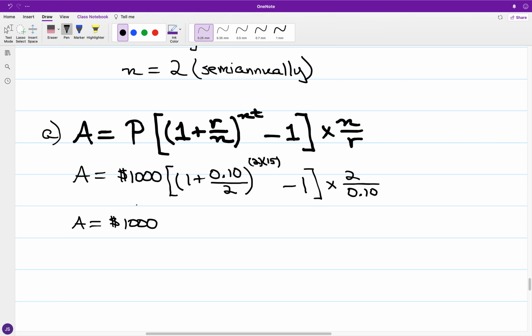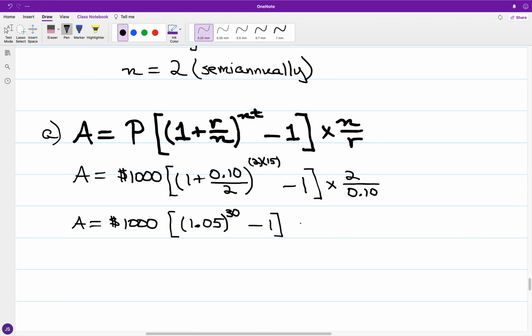So we got $1,000, and within the brackets we have the quantity 1.05 to the 30th. Again, you're looking at deposits twice a year, compounding twice a year for 15 years, so you have 30 times.